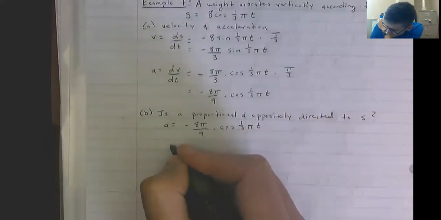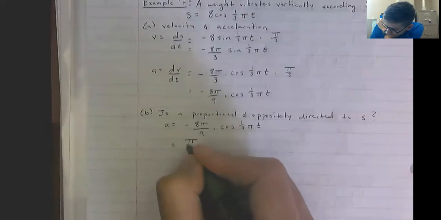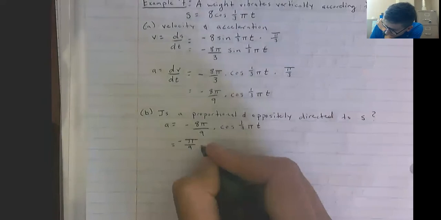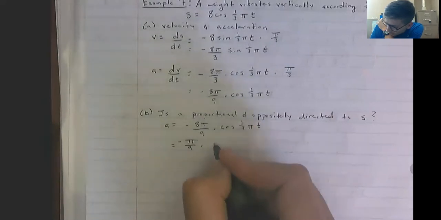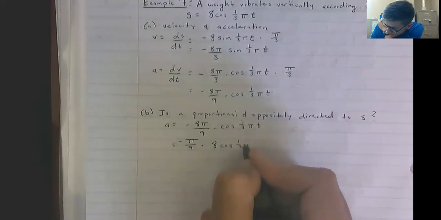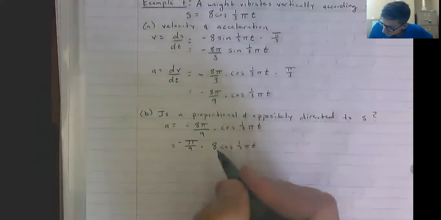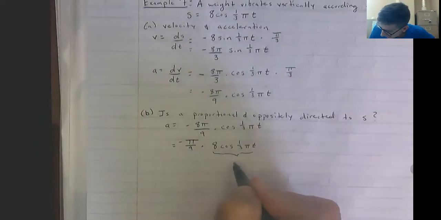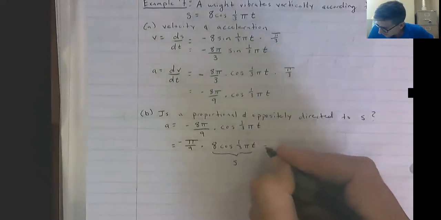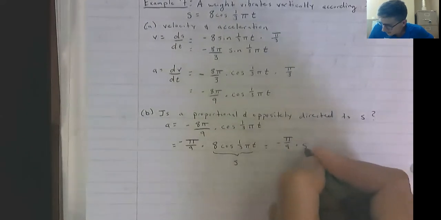So this is equal to negative pi over 9, that's important, times, we're going to shift this 8 over, 8 cosine of 1/3 pi t, and oh happy day, this guy is S, so this is in fact negative pi over 9 times S, our position.